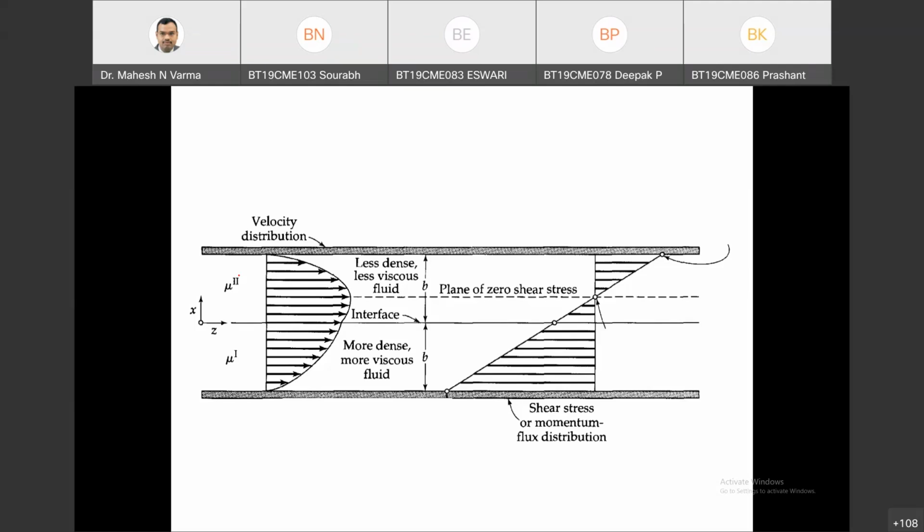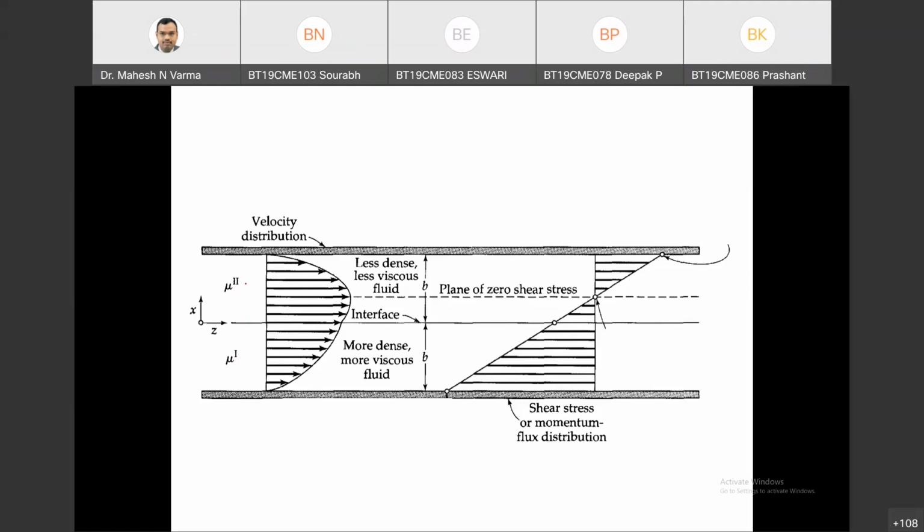Here viscosity mu2 is less than mu1. Hence this is phase 1, this is phase 2.